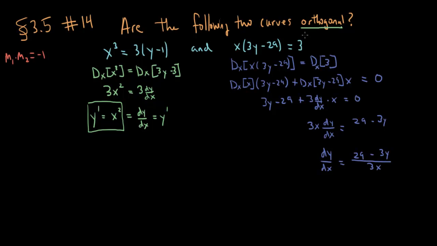If I divide both sides by 3, I'll start here. I could say that 3y minus 29 equals 3 over x. I just divided both sides by x. I could then say that 3y equals 3 over x plus 29.